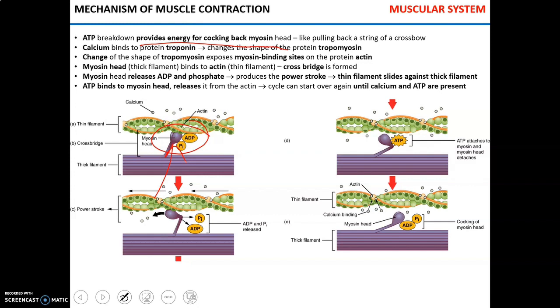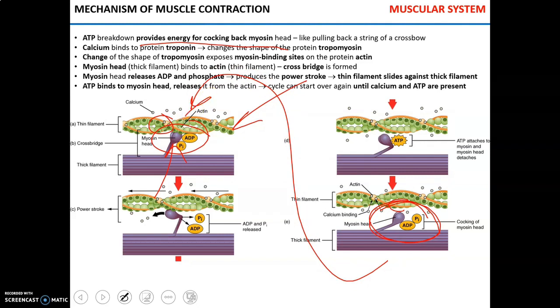When calcium binds to the protein troponin, right here, it changes the shape of the protein tropomyosin, that long thread. Change of the tropomyosin enables the charged myosin head to bind to the actin. We can see it right here.